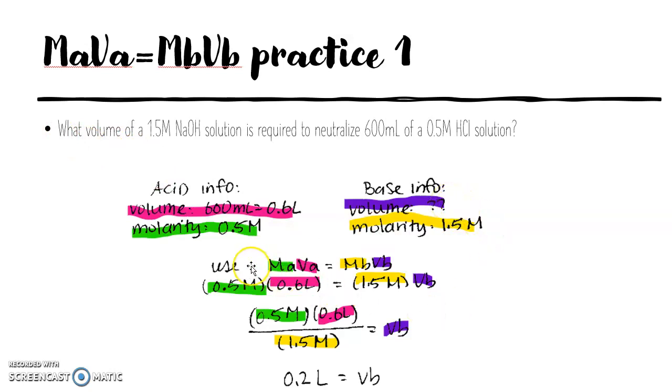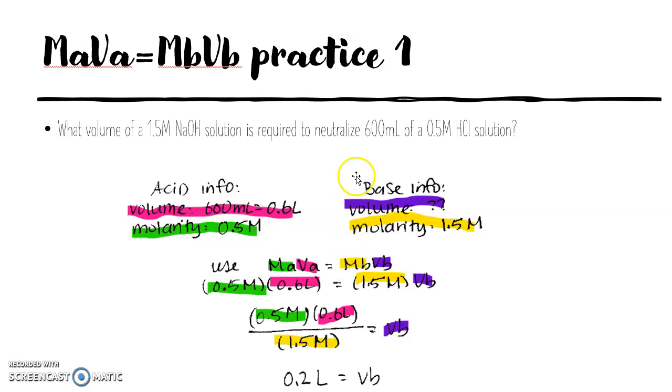Okay, so now I'm going to use the MAVA equals MBVB equation. All I do is I substitute in molarity of the acid, volume of the acid, those are going to be multiplied, equals molarity of the base times volume of the base. And what you do is you isolate VB, in this case, will look like that. And then top, multiply the two, divide by what's on the bottom, you're going to get 0.2 liters as your volume of base.